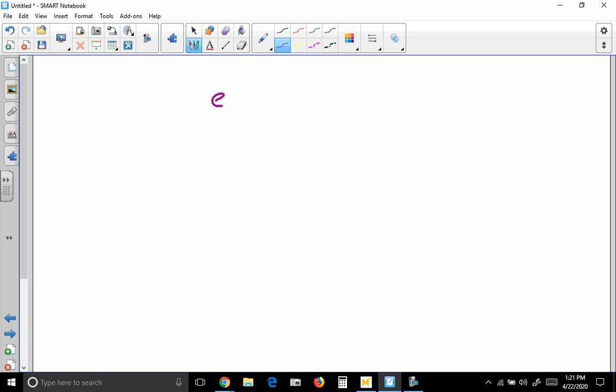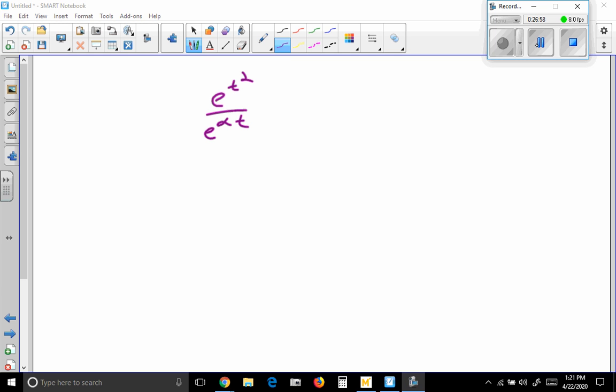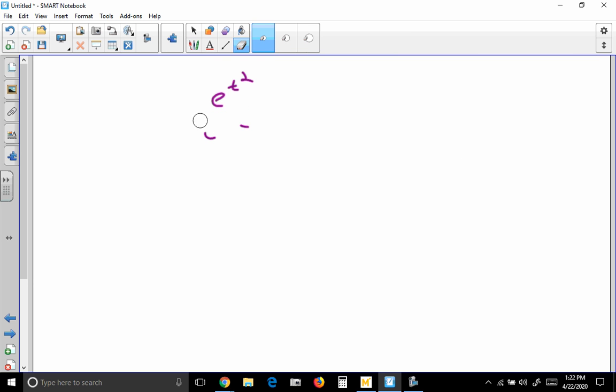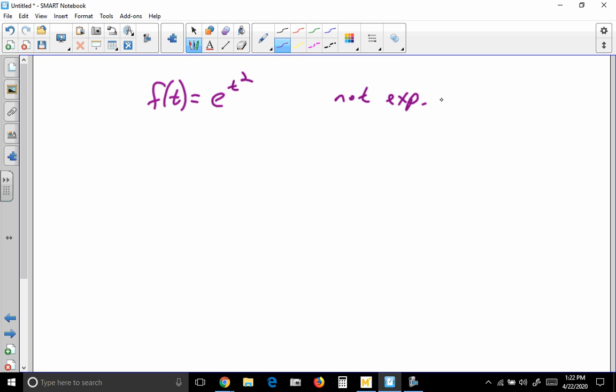Now let's look at another example. I was jumping ahead of myself a little bit. If we look at the function e to the t squared, this is not of exponential order. Why is that?